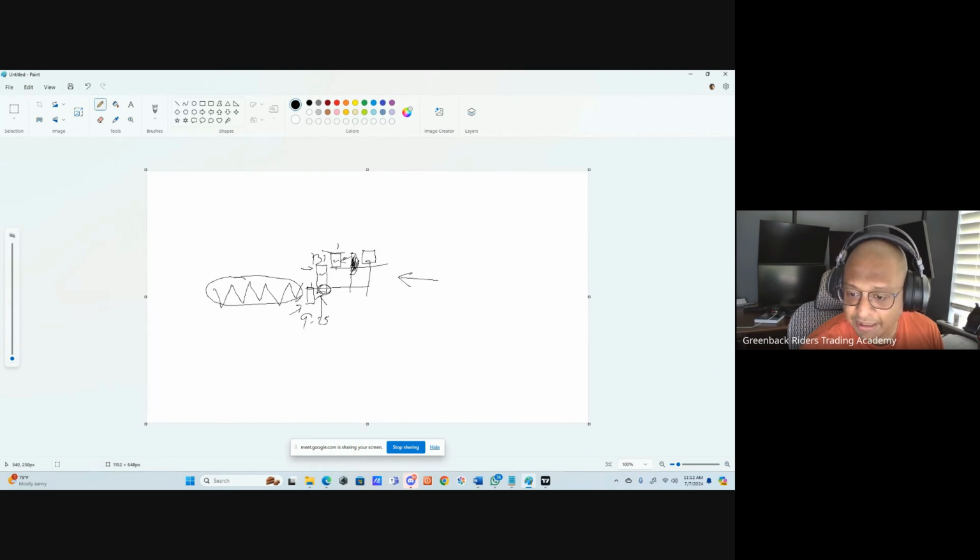Why is this happening? This is happening because these bears who sold here now want to get relieved. Now they tried in the first attempt. Since this was a red bar, some of the bears tried again to break it down, could not. You may also find one candle which can come straight down here, not go below the bottom of this gap area, and the next candle will shoot up.